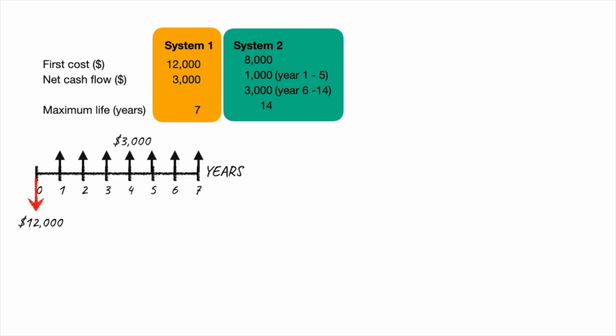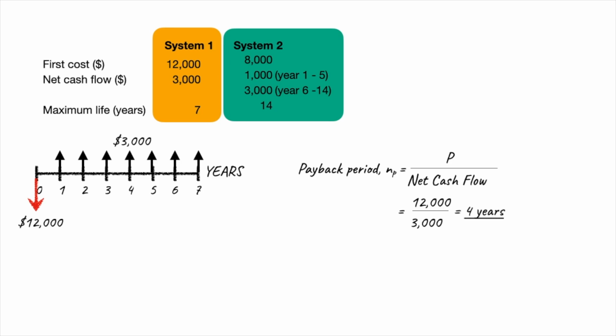When it involves an annual series, then you can calculate the payback period using this very simple formula, whereby P is the initial investment of $12,000 and the net cash flow is simply the amount of the annual value. Okay, no need to total up 3,000 times 7, just the net cash flow overall. So you just divide by 3,000 and you will get a payback period of 4 years. Easy, right? We already have the answer. Okay, let's look at system 2.